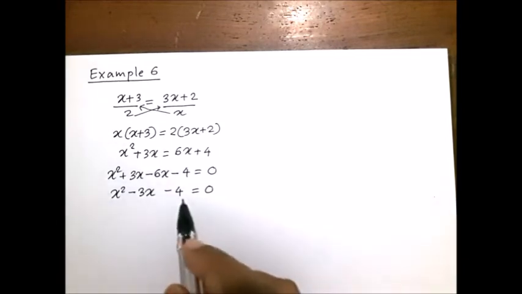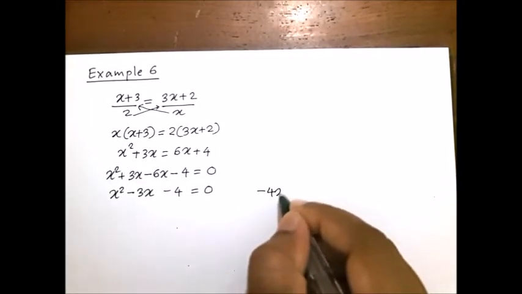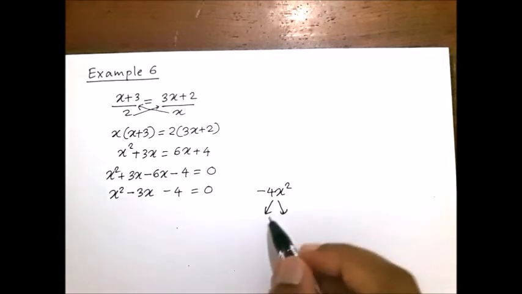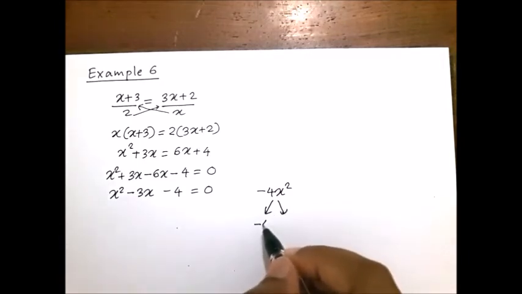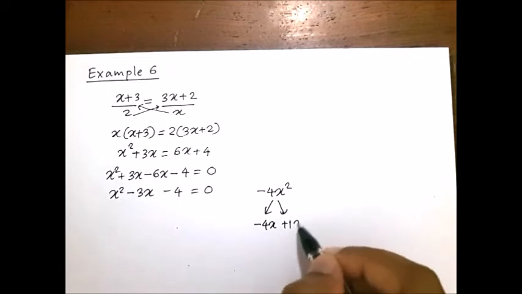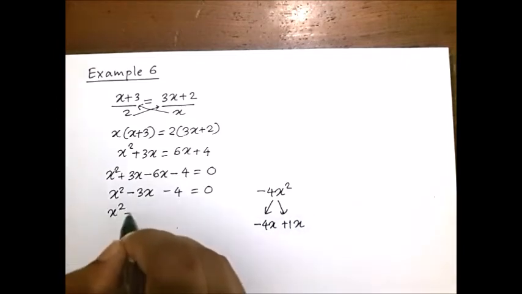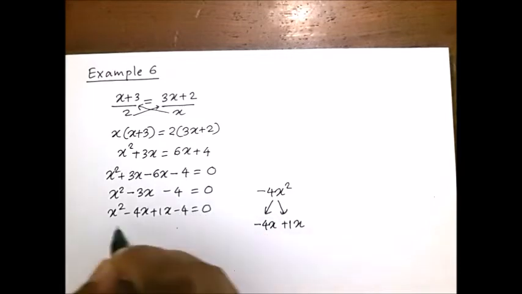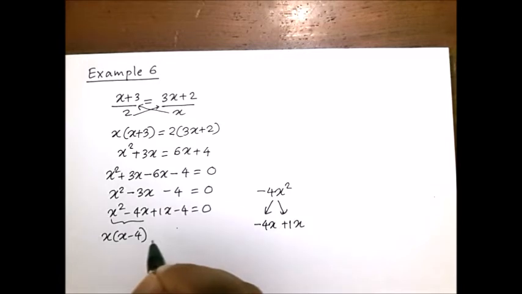First multiply the first term and last term. It is minus 4x to the power 2. Separate into two terms. The two terms are minus 4x and plus 1x. Then take common terms. The common term is x, then remaining x minus 4. Take the common term 1, x minus 4.